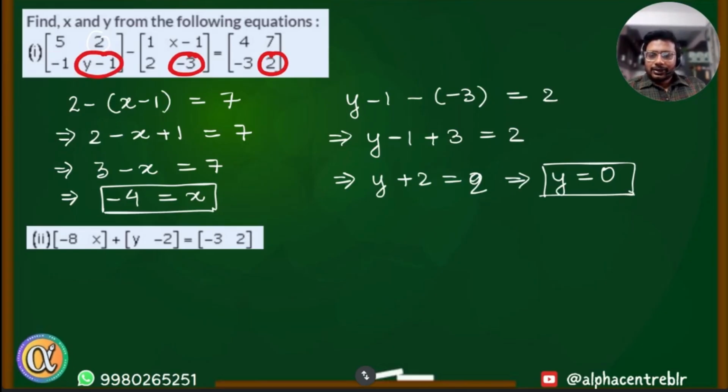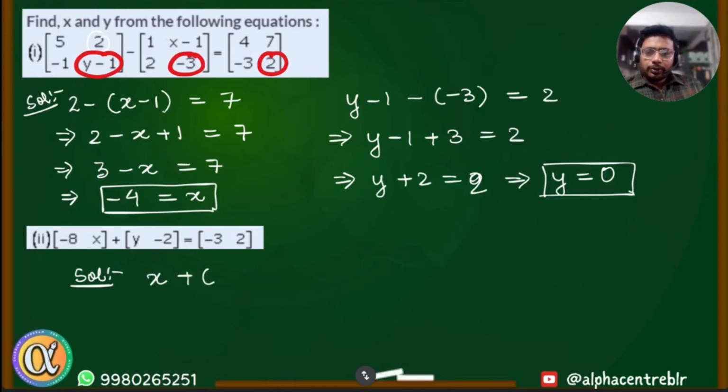Okay, can you quickly just tell me the answer for the next one then? I'll wait for your answer. X is how much? I got 4. Okay, x is 4, and then y is 5. And Rishabh, what are your answers? X plus a minus 2 is equal to 2.